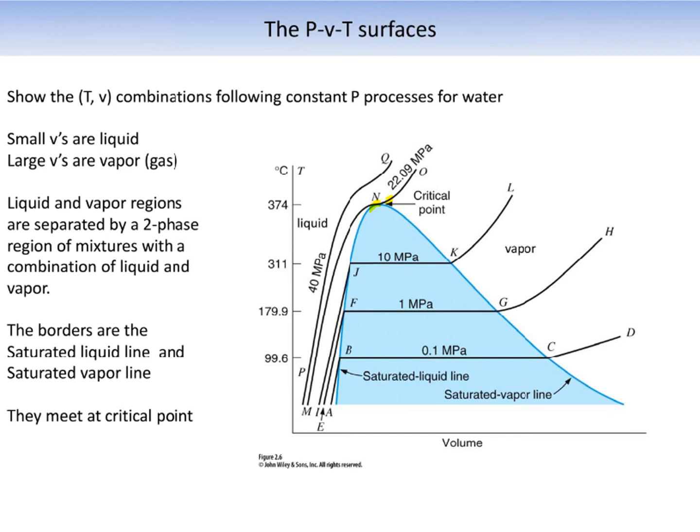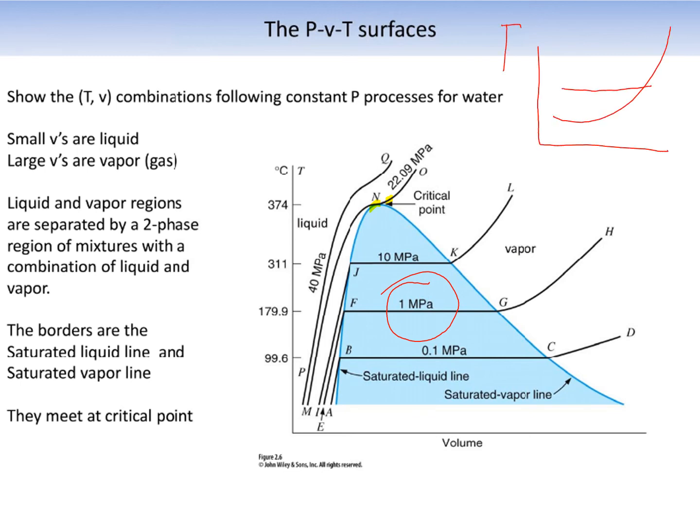Now if we repeat this process and increase the initial pressure that we are going to keep constant during this experiment, from 0.1 megapascal to 1 megapascal, we know that with increased pressure the boiling point increases, as we have seen in the last slides. Let me draw it here again.